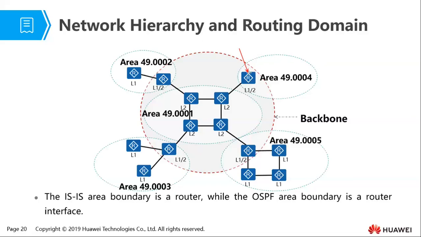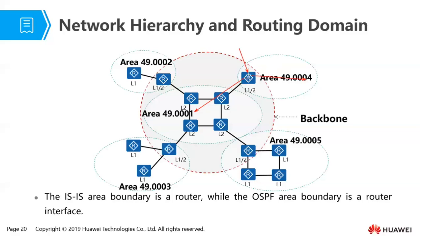So normally, a level 1-2 router will belong to the backbone and another non-backbone area. The other thing is that it will have 2 LSDBs, a link state database for area 1, and a link state database for area 4.